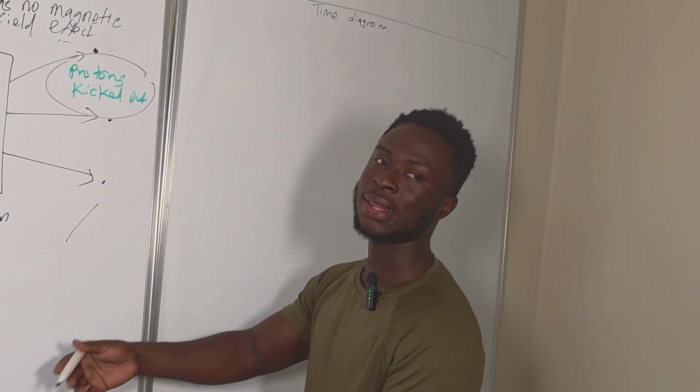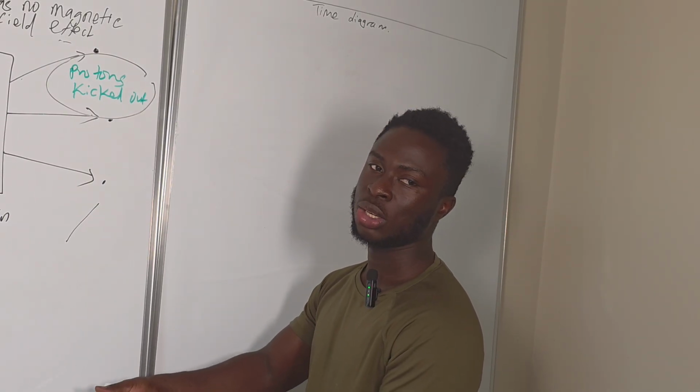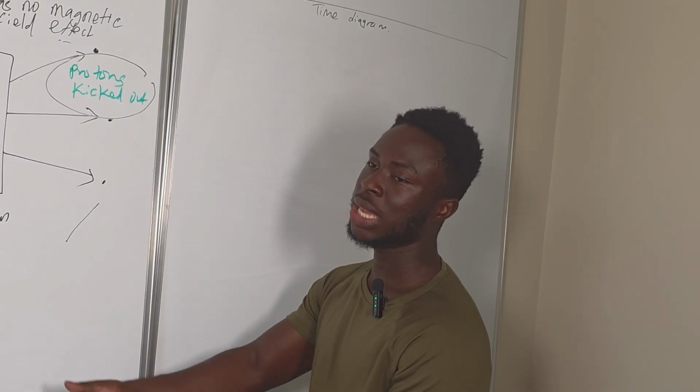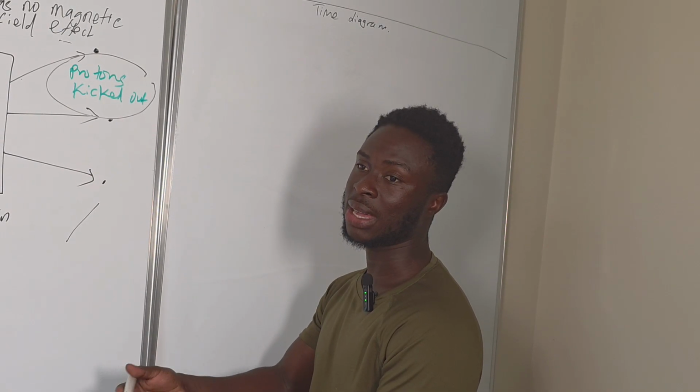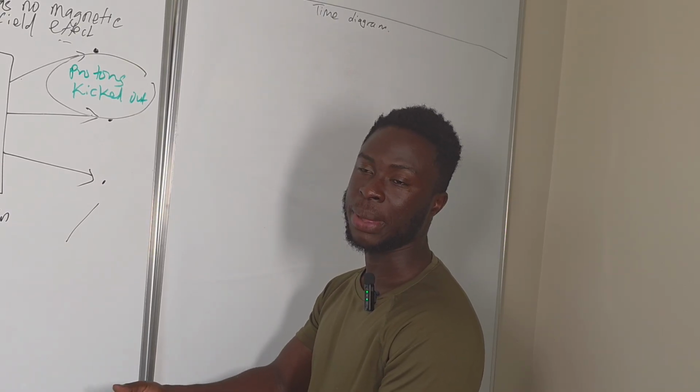And then after John Dalton, there came J.J. Thomson. J.J. Thomson refuted Dalton's atomic theory by saying that matter has electrons embedded in a dough.